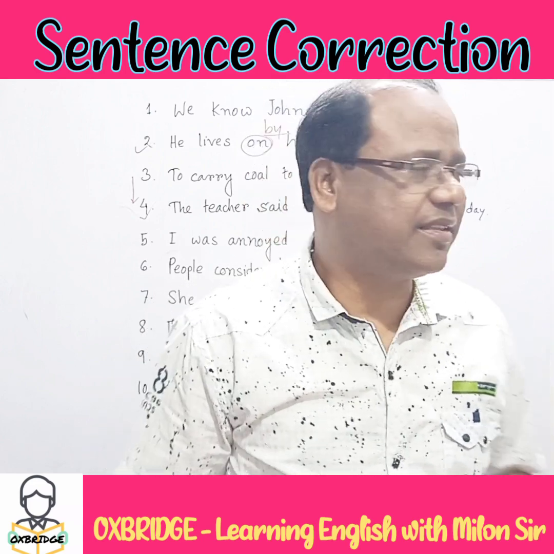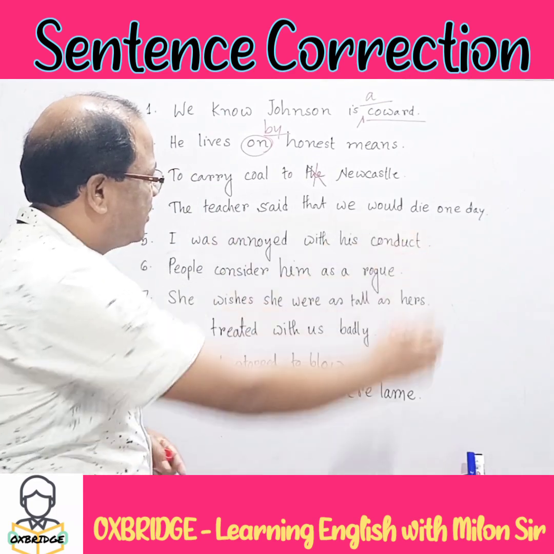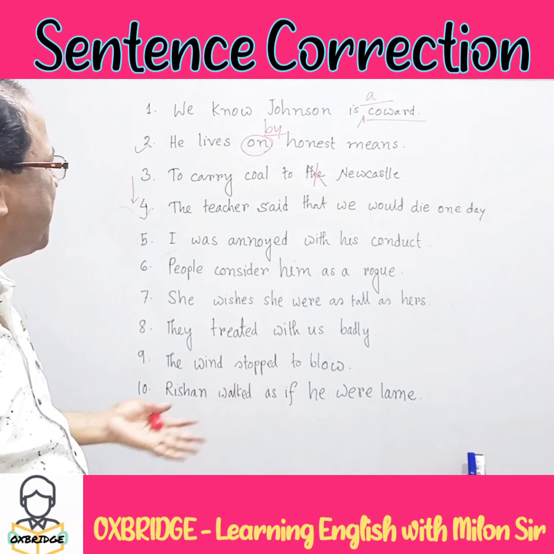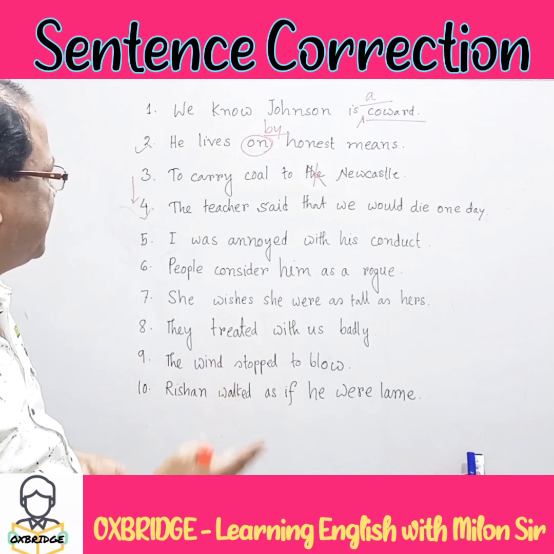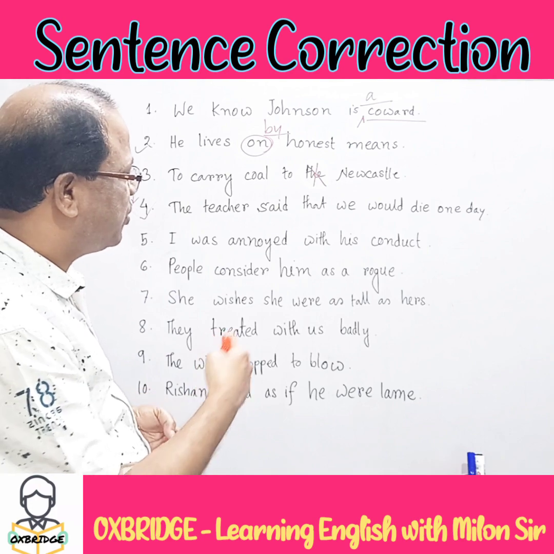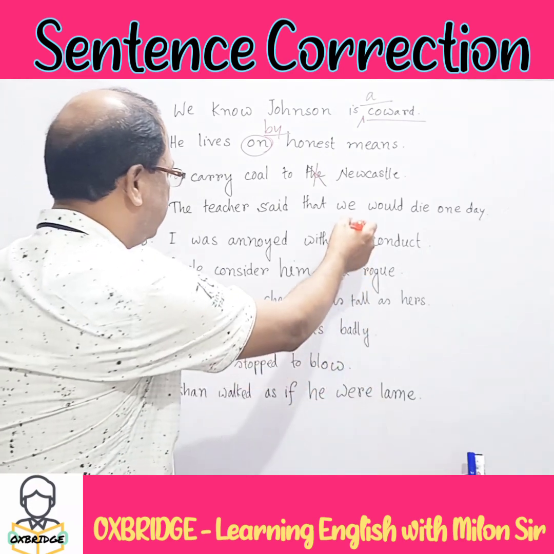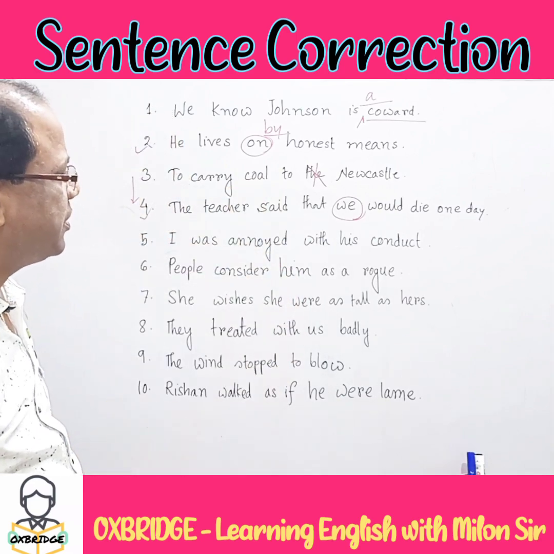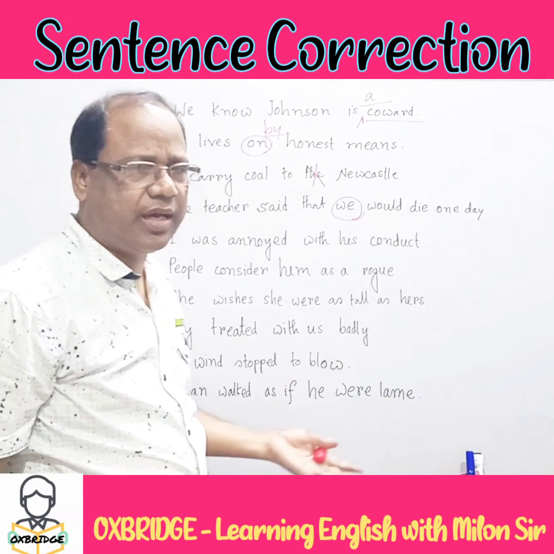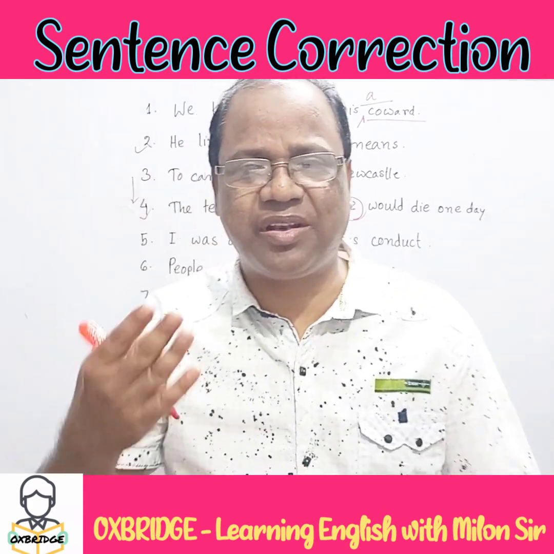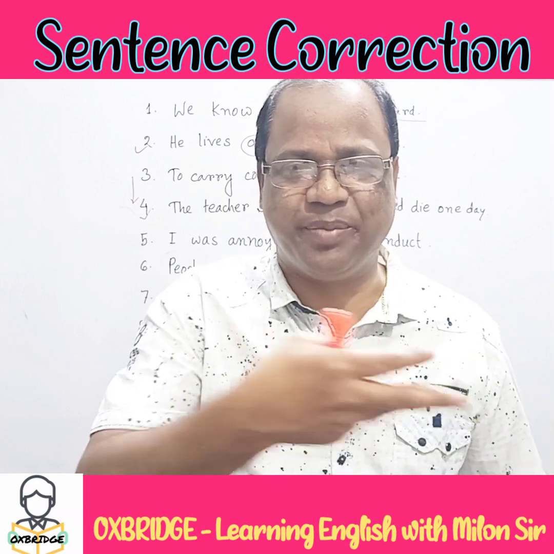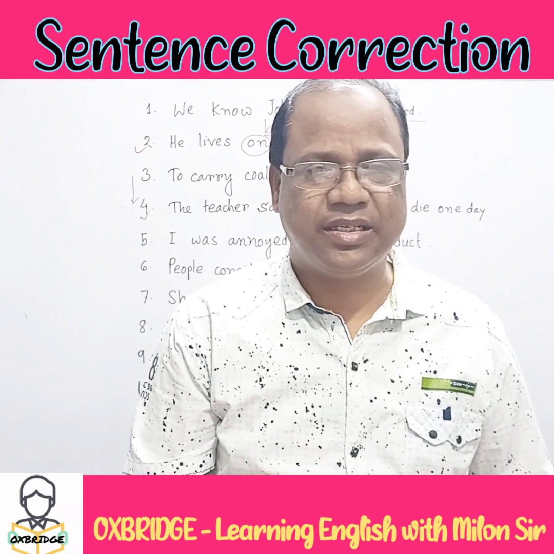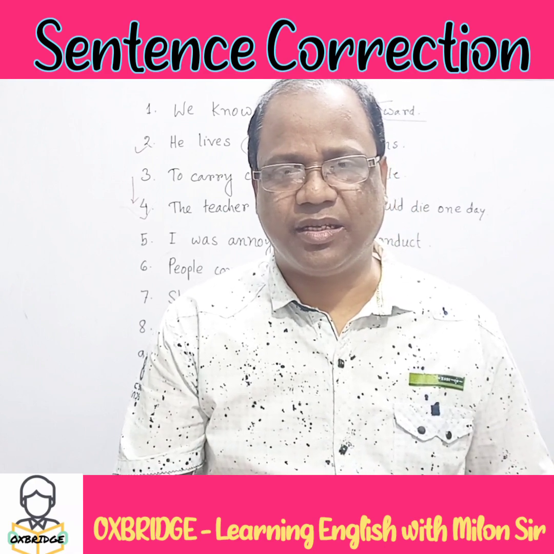Dear guys, the statement is given in the indirect speech. So where is the problem? We have to find out the problem. The teacher said that we would die one day. Here, we refers to the whole human community or human beings, and it should be considered a universal truth.